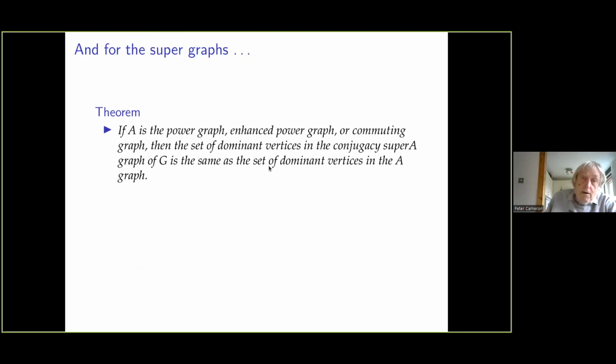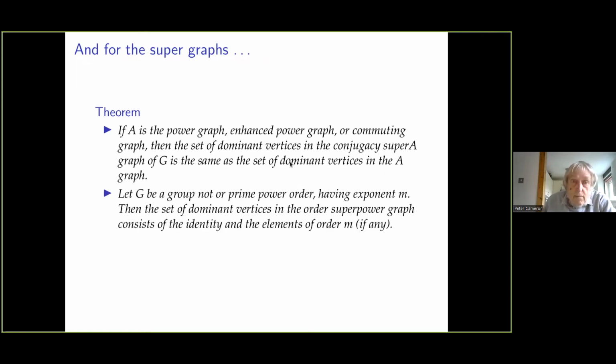You may remember that when I showed you that table about when the graph is complete, in these cases the conjugacy supergraph was complete if and only if the original graph was complete. So this is a generalization of that. It says the sets of dominant vertices are the same. So if one is complete, meaning every vertex is dominant, then the other one is also complete.